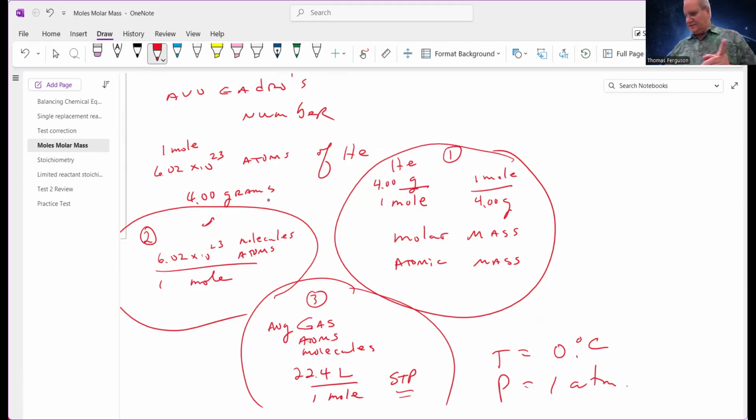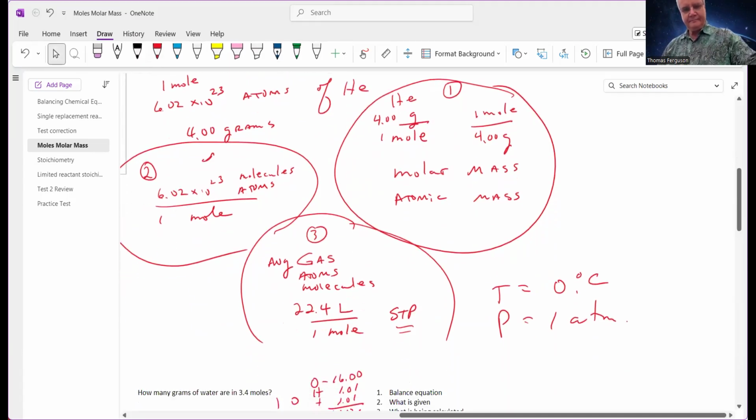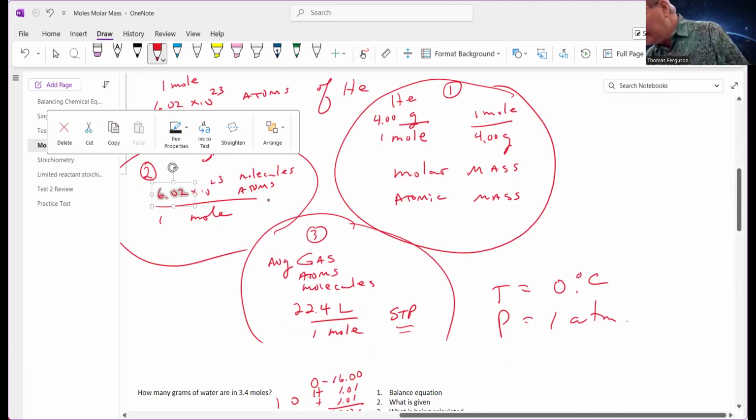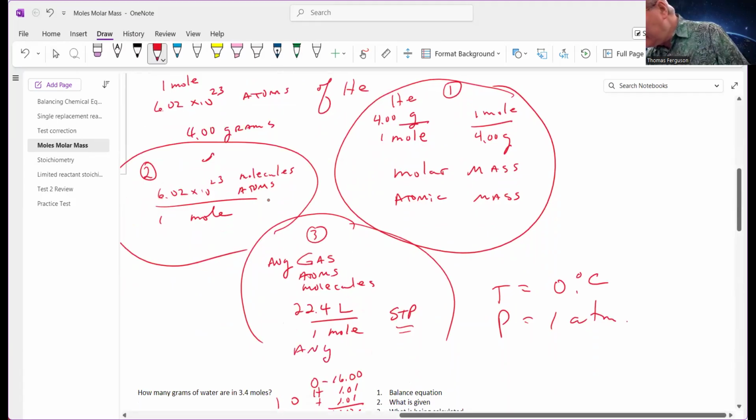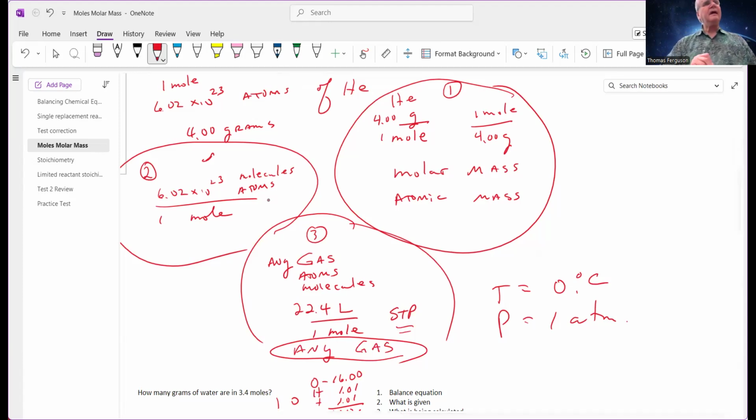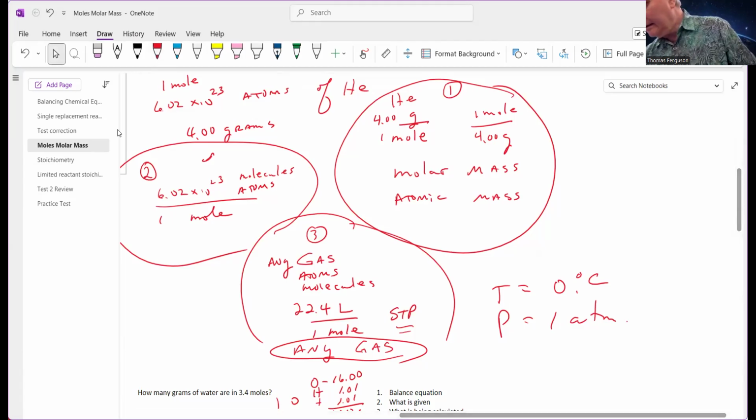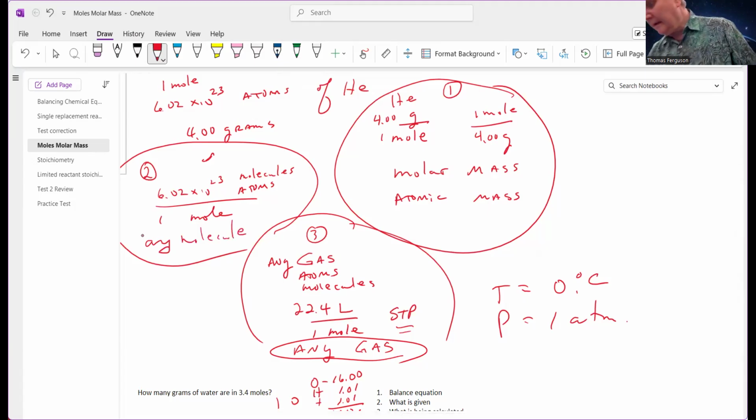One does not matter what gas we're talking about. Avogadro's number. It doesn't matter what we're talking about because it's a counting number.